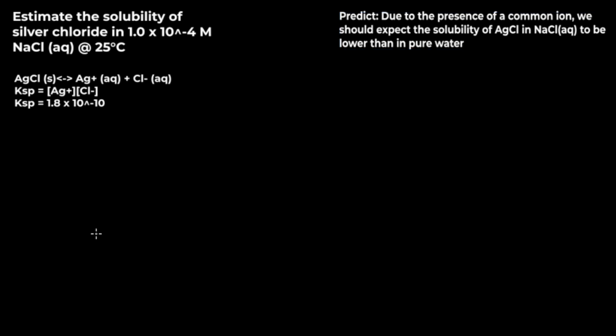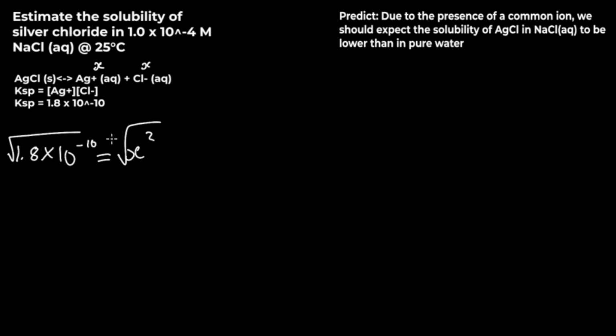So if we have just pure water, we have our KSP, and this is in a 1-to-1 ratio. So if this is X, this is X, this is X dissolves, I don't feel like writing all that out, this means that this is X squared.